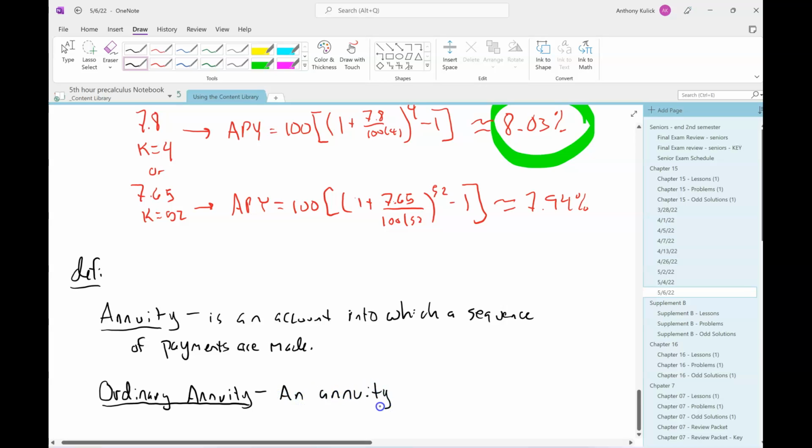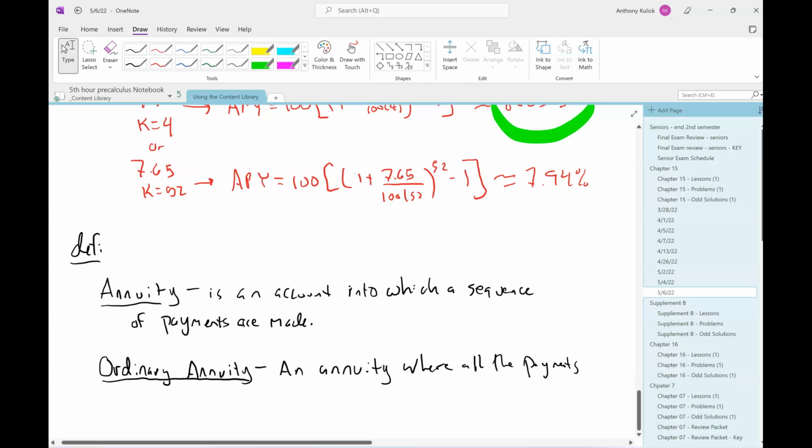So an ordinary annuity is an annuity where all the payments occur at the same time and for the same amount.